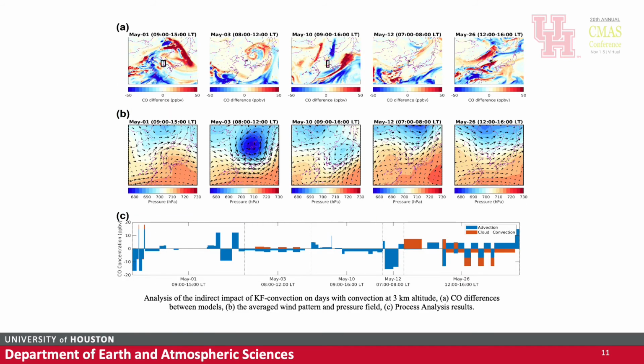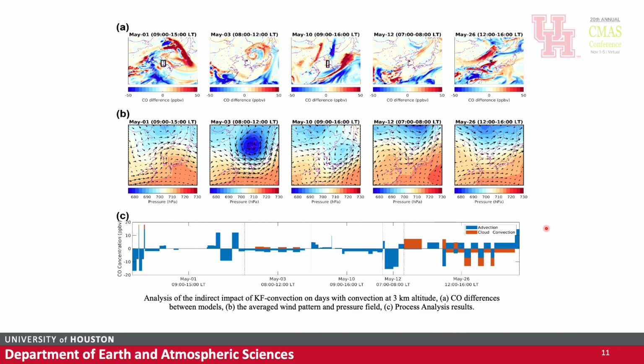The impact from the KF convection was not only vertical, but also caused a spatial difference, a long-range transport impact. For example, I compared all days at 3 kilometer altitude, looking at this spatial difference of carbon monoxide. And I also followed the wind patterns and the pressure field.